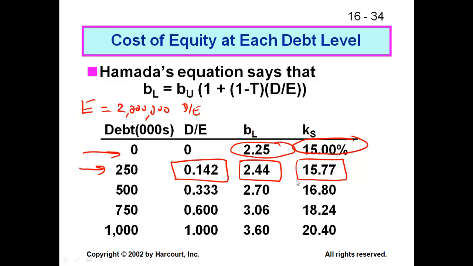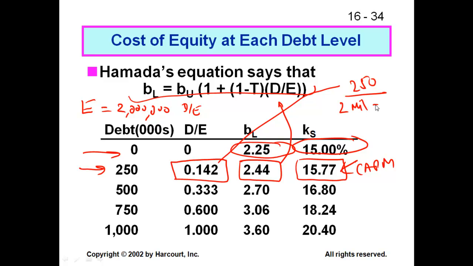So, okay, did everybody get 15.77 also? This is based on CAPM. This is based on Hamada, and the 0.142, this is debt of 250 divided by 2 million minus 250,000.